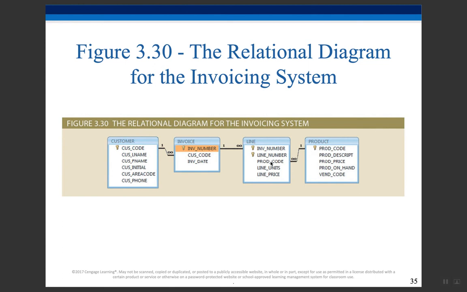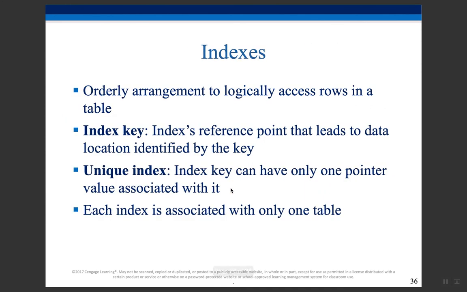As you can see in this table right here, we have a composite key, 2 fields that make up a key. It makes it unique. And then the other one is the invoice number, customer code.